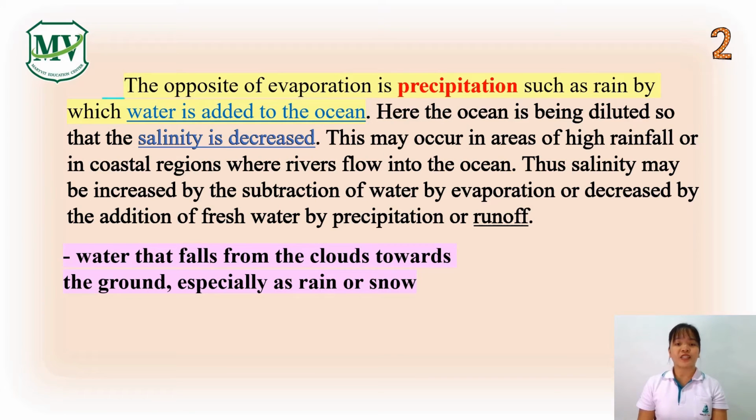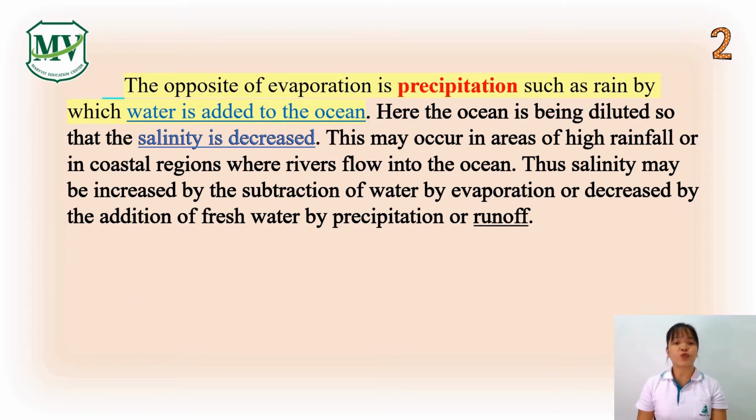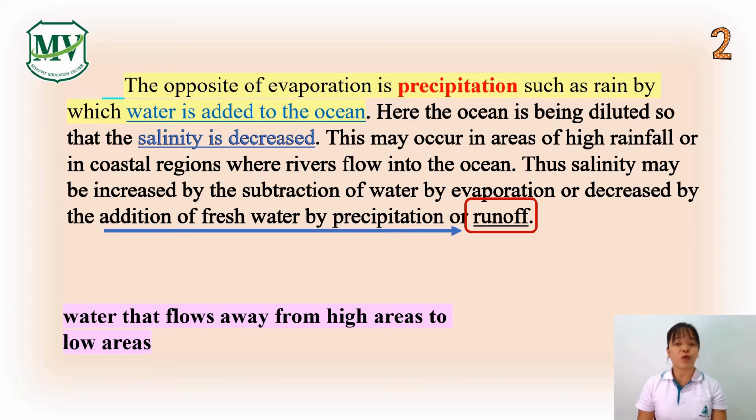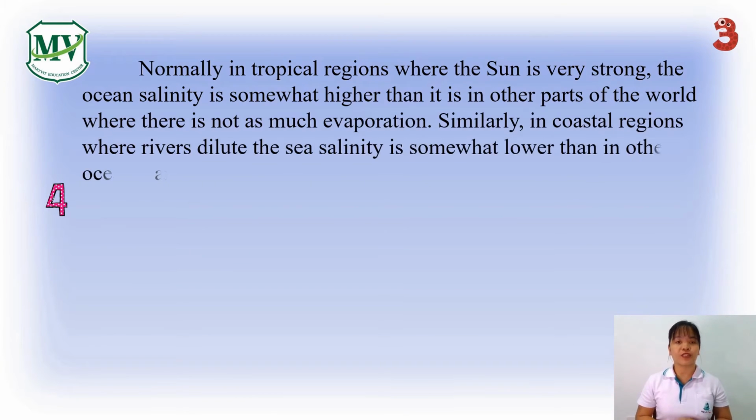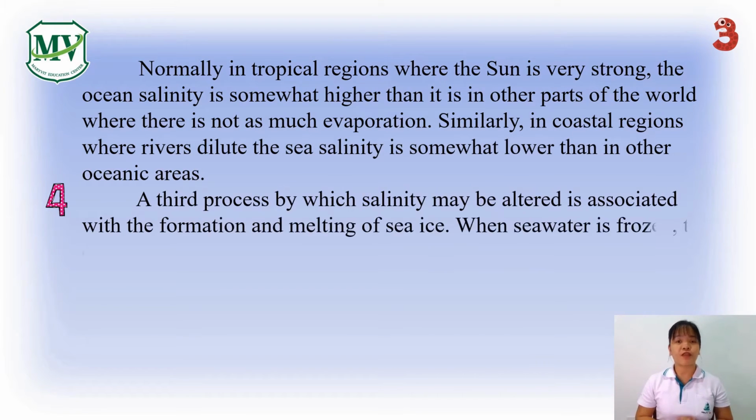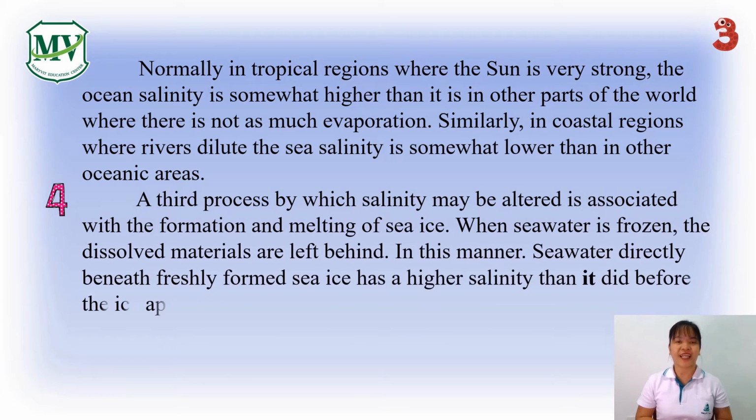And what is added to the ocean is a fresh water by precipitation, or also called as runoff. Water that flows from high areas to low areas is what you mean by runoff. So for this part, listen and read together with the audio that I will play. You can pause the video if you want to listen to it again.